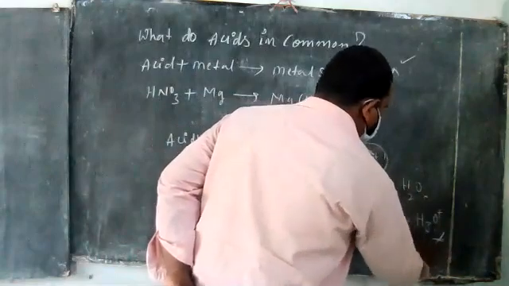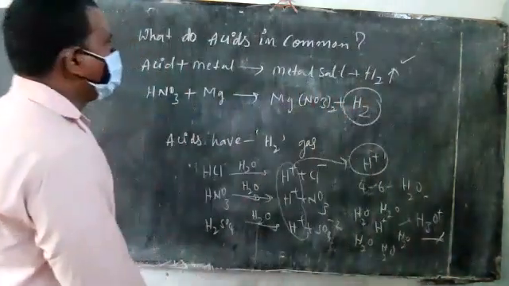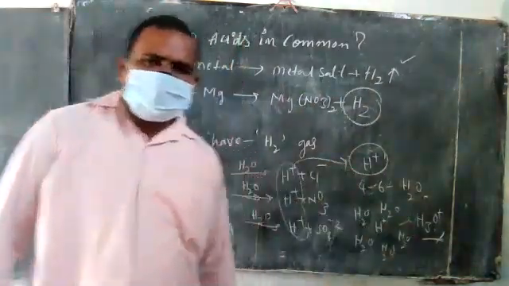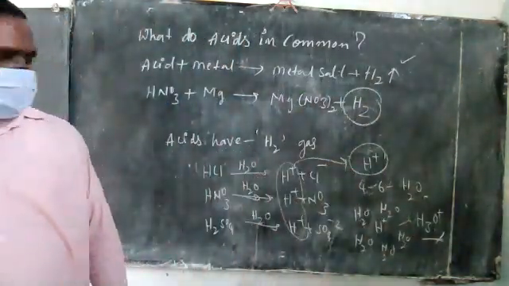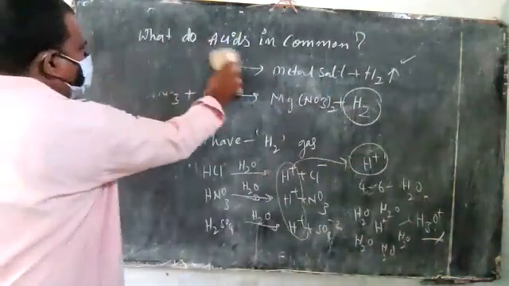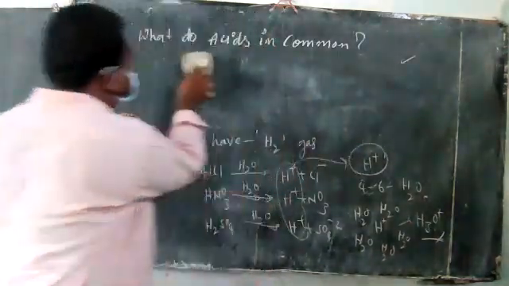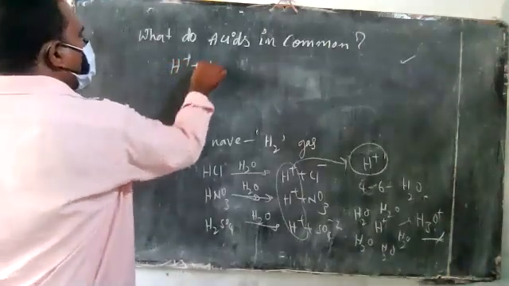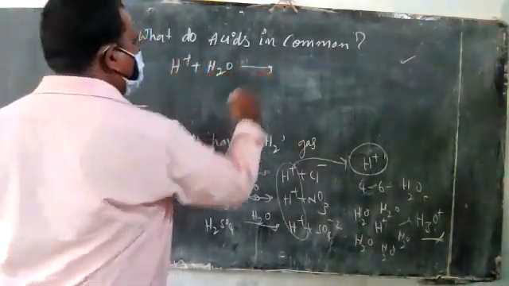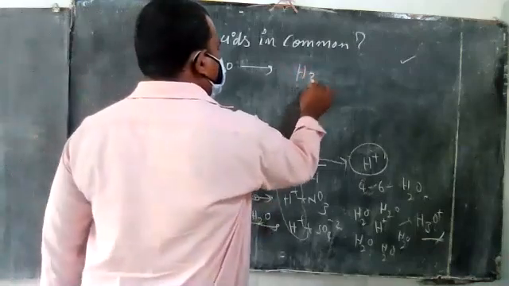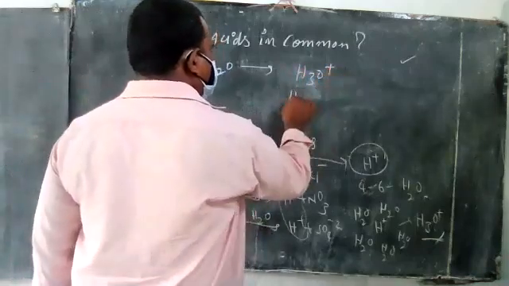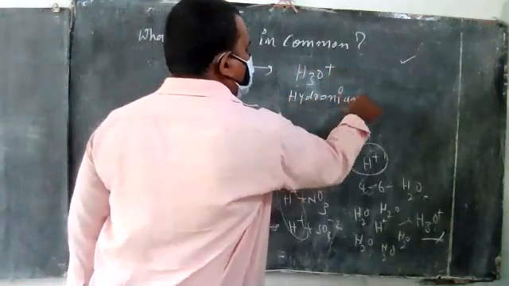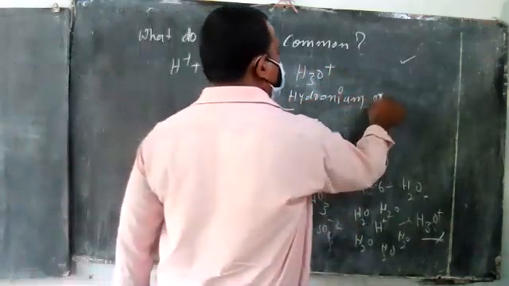H3O+ ion. So what acids have in common is the H+ ion, or H3O+. H+ and H2O combine to form H3O+. This is the hydronium ion.